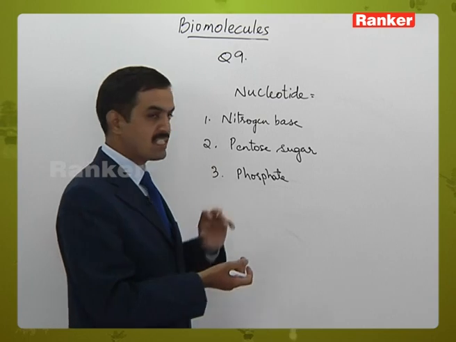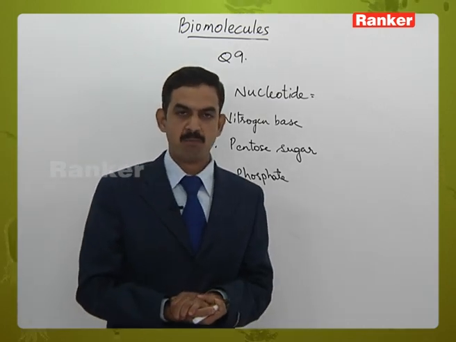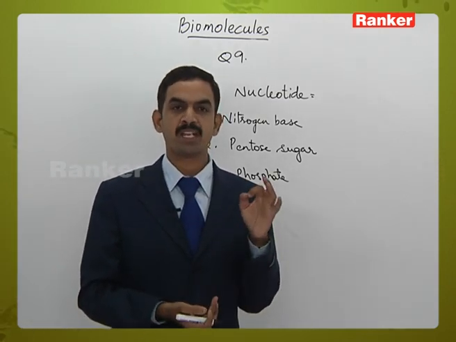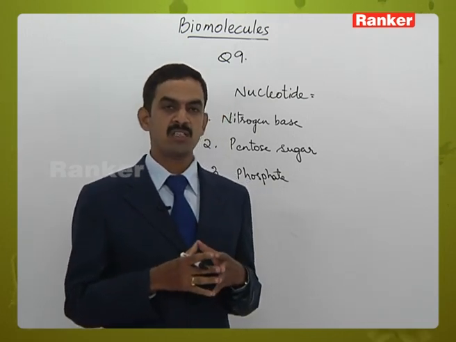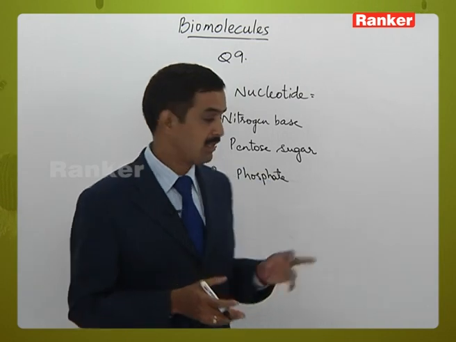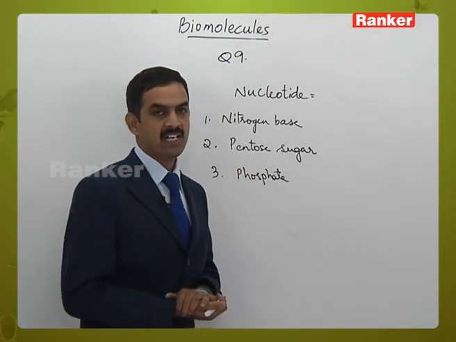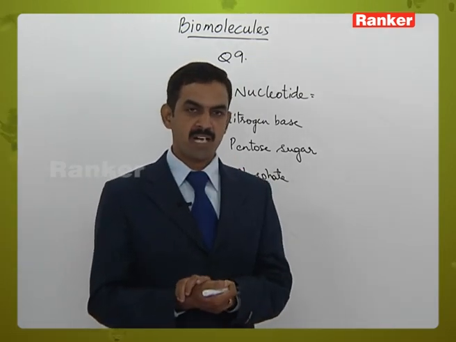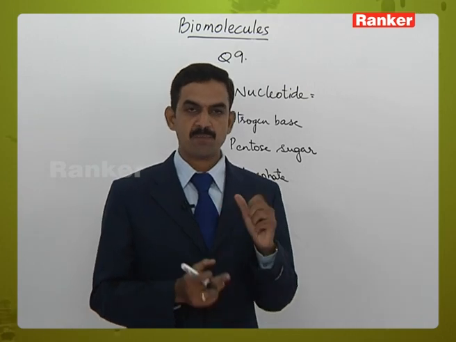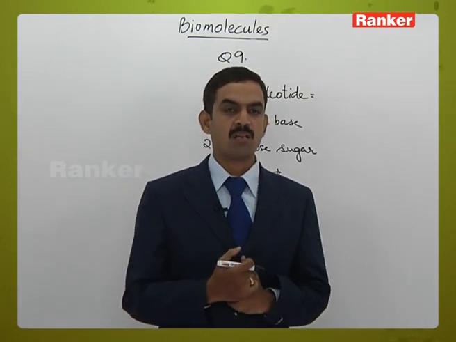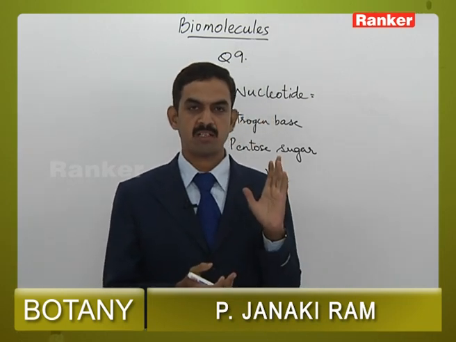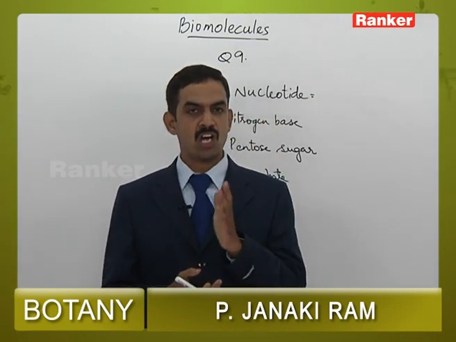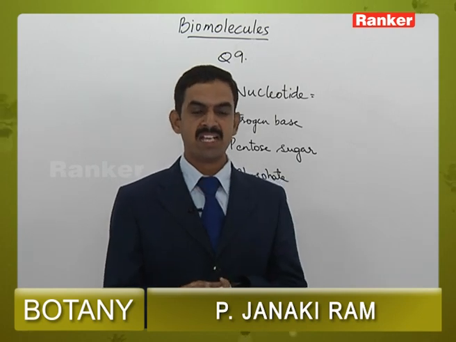And what are these nitrogen bases? Nitrogen bases are nothing but the purines and pyrimidines, that is adenine, guanine, cytosine, uracil and thymine. Then pentose sugar. Here there are sugars which are made up of 5 carbons, and there are 2 types of sugars. One is ribose sugar and the other is deoxyribose sugar. Ribose sugar is present in the RNA molecule, whereas deoxyribose sugar is present in the DNA molecule.